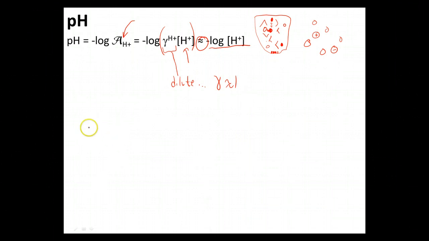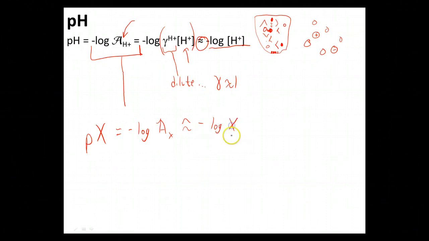Now I wanted to pivot a little bit and talk about P whatever. We can use this exact expression to talk about the negative log of the activity of anything, and that will be roughly equal to the negative log of the concentration of anything. And we do that all the time because often what we'll be doing is measuring how much of a particular metal ion is dissolved.